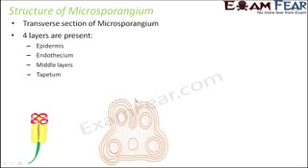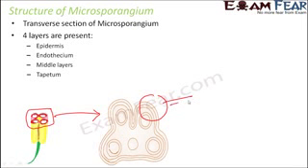Now, if you magnify it even more, you will find a structure like this. If you look at it very closely, you will see that there are 4 layers present around the microsporangium. So these structures are the microsporangia in the 4 corners, right?